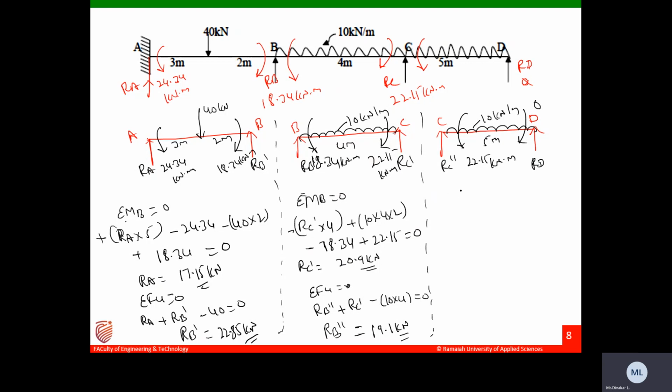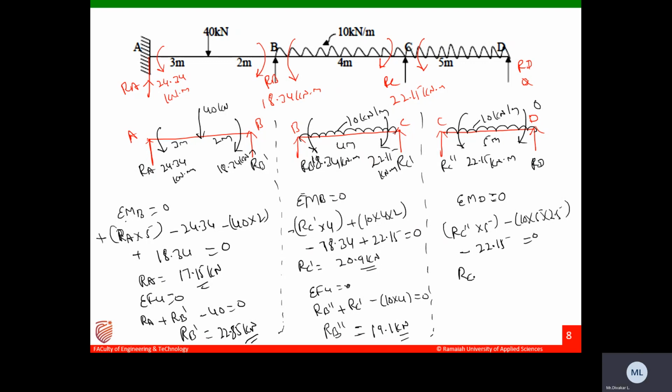Now let us take sigma MD equals to 0: RC double dash into 5, rotating clockwise plus, minus 10 into 5 into 5 by 2, this is for the UDL, then minus 22.15 equals to 0.